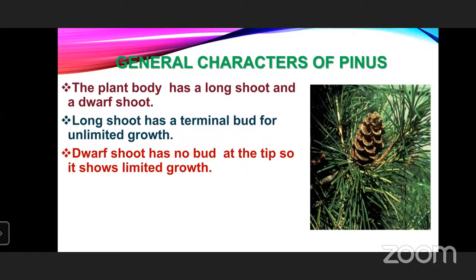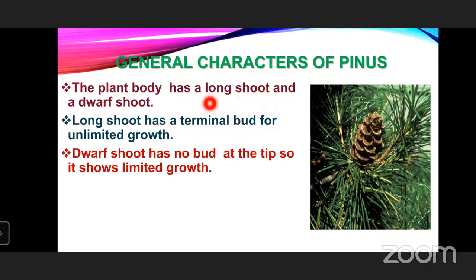Sporophyte, the name indicates itself only. It produces microspores as well as megaspores. Microspores are nothing but pollen grains. Megaspore germinates to give the female gametophyte. So in gymnosperms also, the plant body is present in the form of diploid sporophyte.